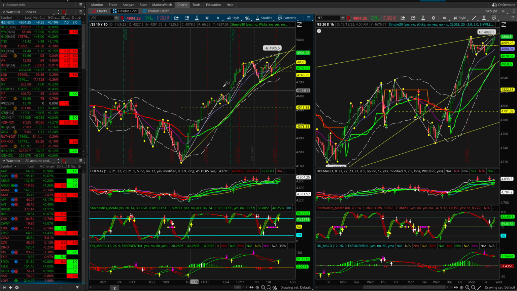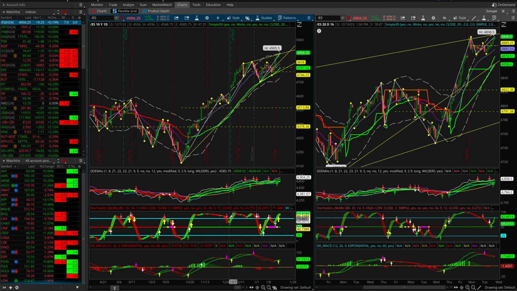And again, this is the daily chart on the left, the hourly chart on the right. That also took away the colored candles, but basically when the candles are trending, I've got them coloring either green for an uptrend or red for a downtrend.